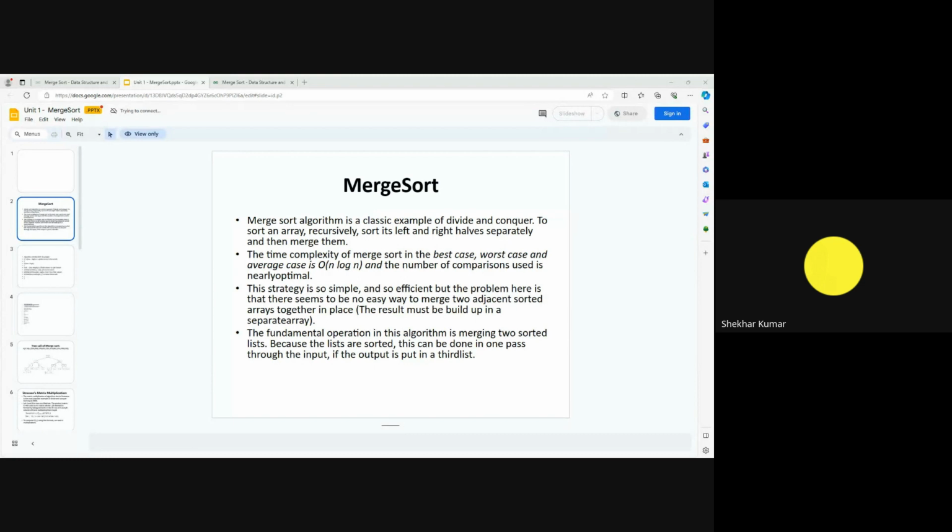The time complexity of this algorithm is n into log n. It is also the best algorithm for linked lists. In a linked list, it also takes n log n time, either in the best case, worst case, or average case. So merge sort always performs best in all the cases.